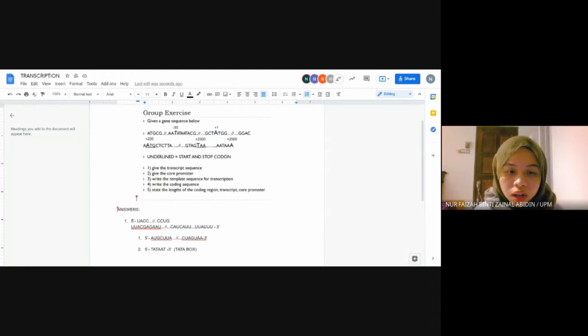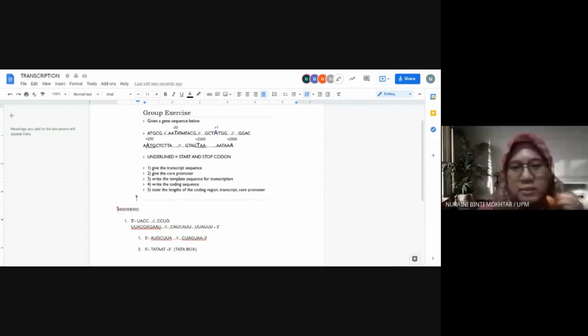How about the others? I'm not sure if it is right, but I think it starts from the start codon until the stop codon, because for question number 1, the transcript sequence contains a transcript and non-transcript sequence.